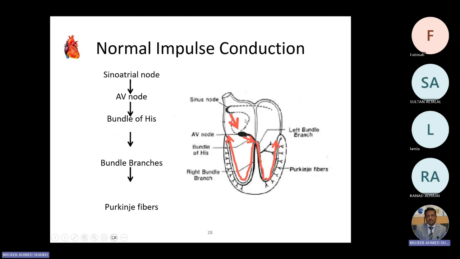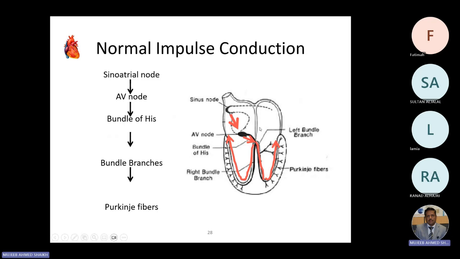After depolarization of the atrium to the depolarization of the ventricle, there is a delay of about 0.1 second. This delay makes sure that the atria will depolarize first, followed by the ventricles. It's not that the ventricles and atria are depolarizing together. Because of this delay, it is possible to depolarize the atria first, then the ventricles later.